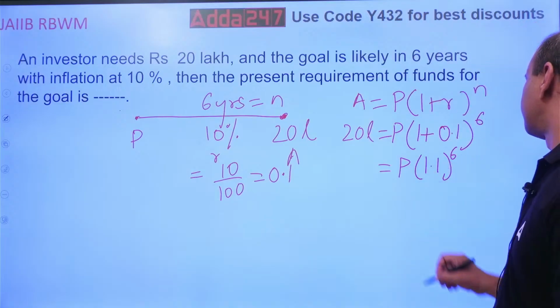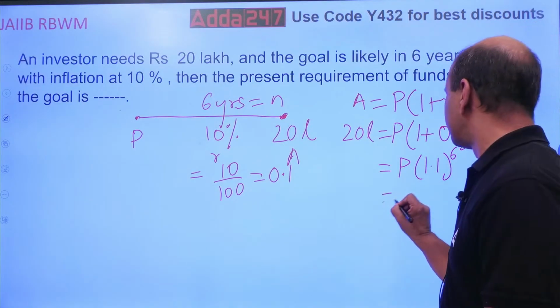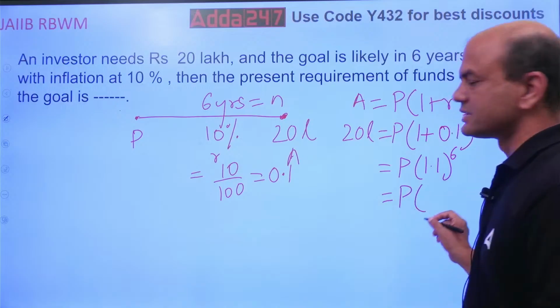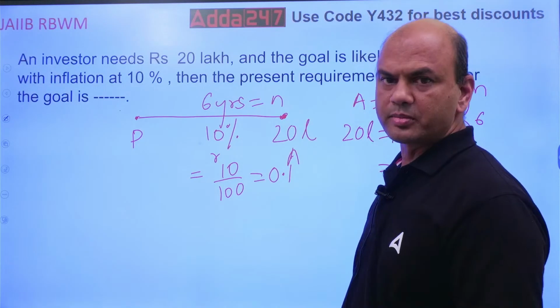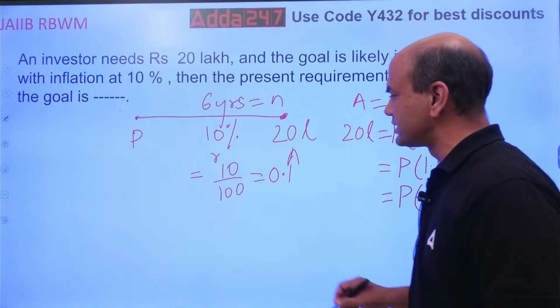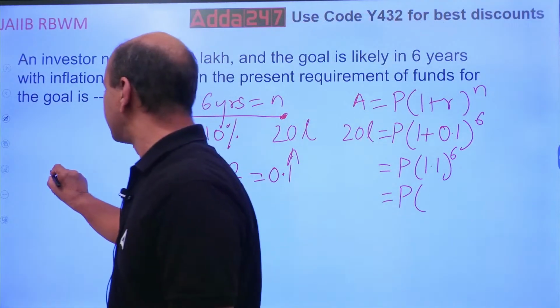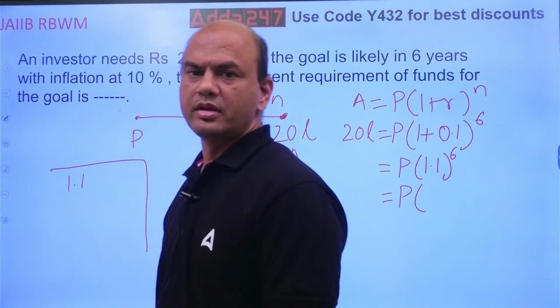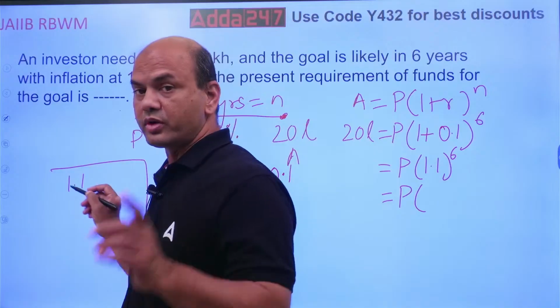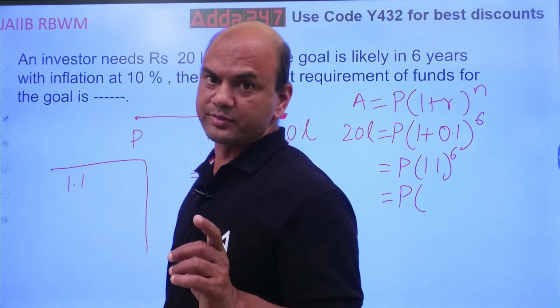Find the answer. Now how to find this? On your normal calci, how do you do it? Take this 1.1 over here. Then press into, focus here. Do the exact steps which I am telling you.